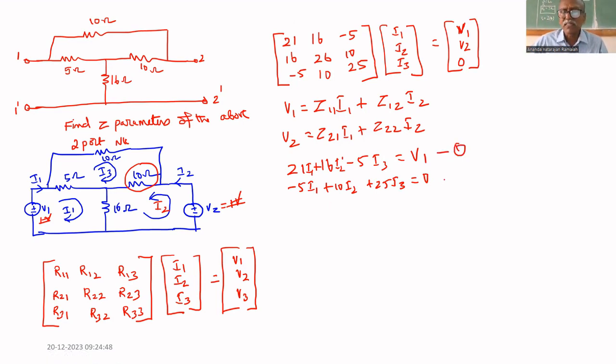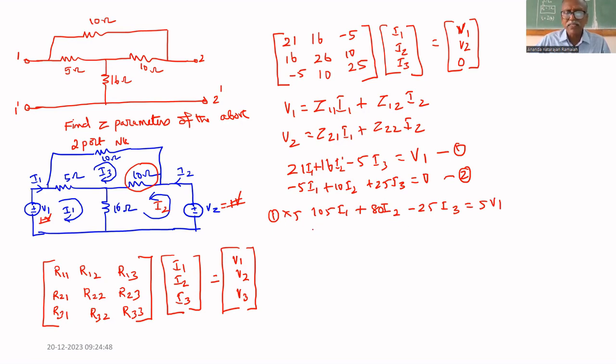This is the first equation, this is the second equation. 1 multiplied by 5: 105 I1 plus 80 I2 minus 25 I3 equal to 5 times V1.